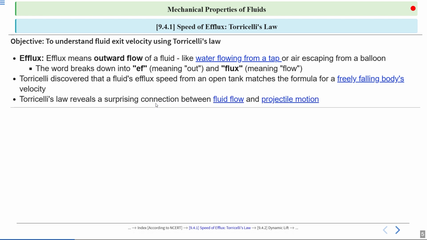Torricelli's law shows us a surprising link between fluid flow and projectile motion. Just like a ball dropped from a height gains speed as it falls, fluid exiting a tank gains speed based on how high the fluid is above the opening.